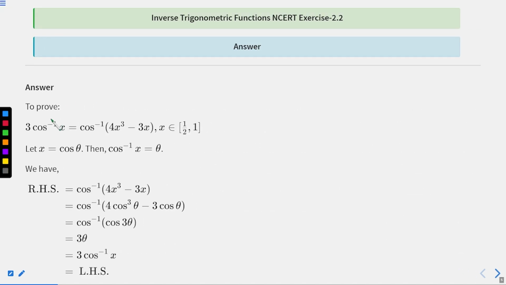Now, starting with this, x is equal to cos theta. From this, theta is equal to cos inverse x. Now we are taking the right hand side, and the right hand side is cos inverse of 4x cube minus 3x.